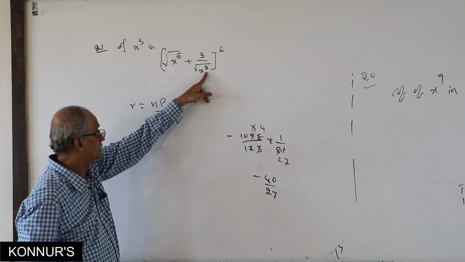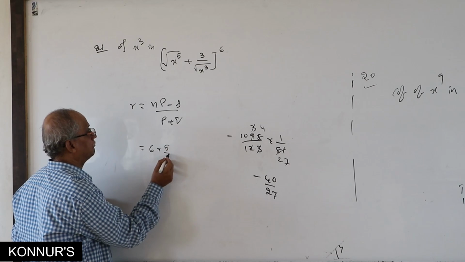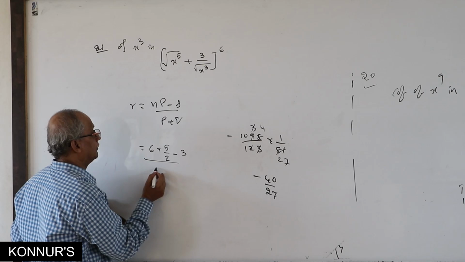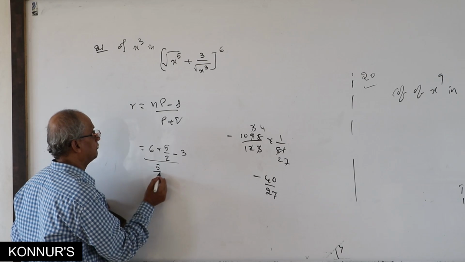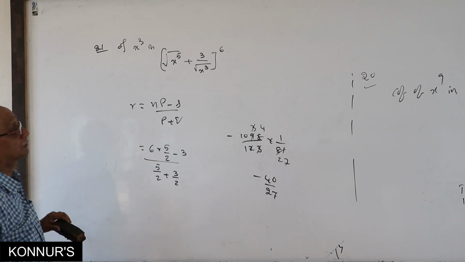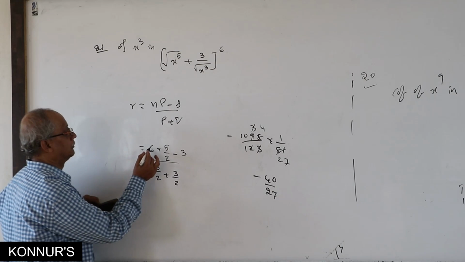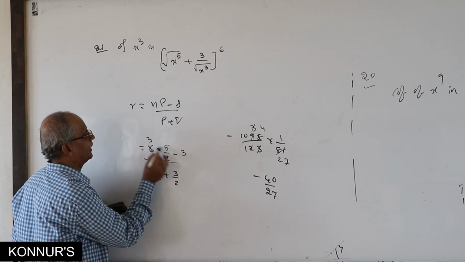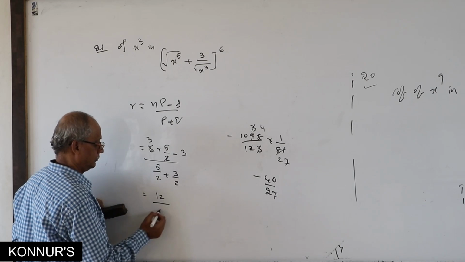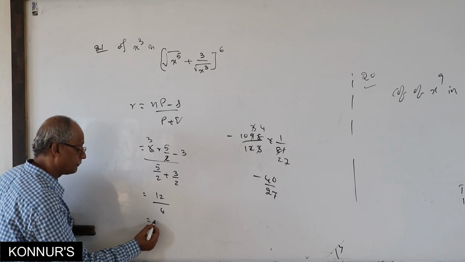Q is 1 by 3... N is 6 into 5 by 2 minus 3 by 2. It is root x cube. Okay? 3 by 2. Now 15 minus 3, 12 by 8 by 2, 12 by 4, 3.